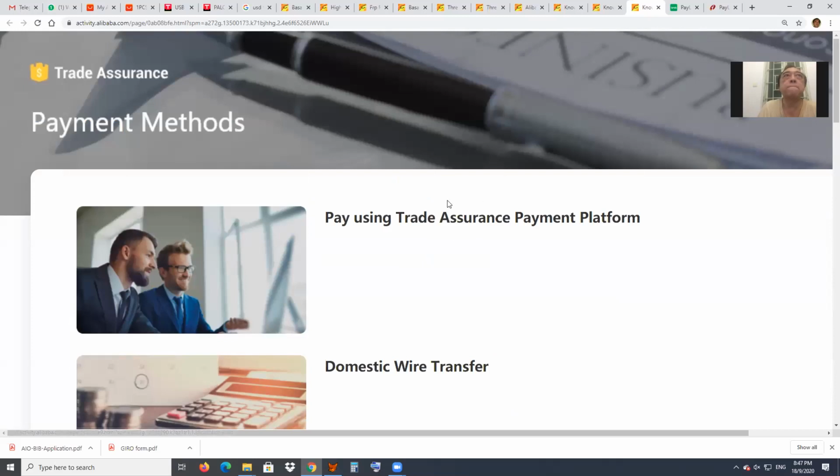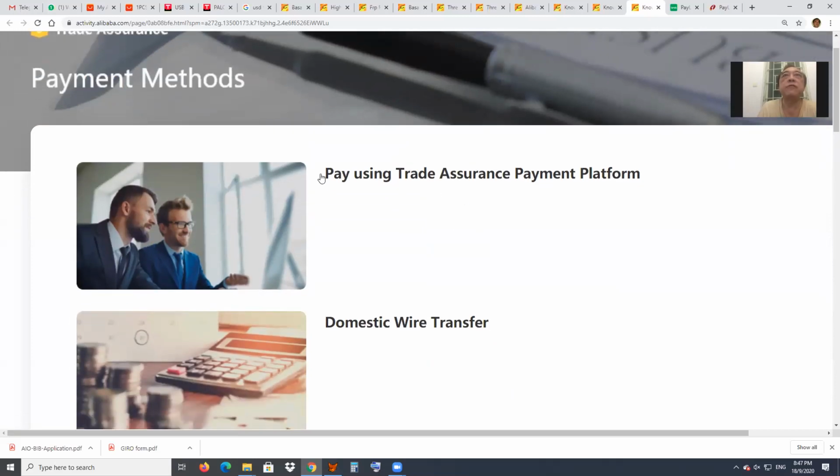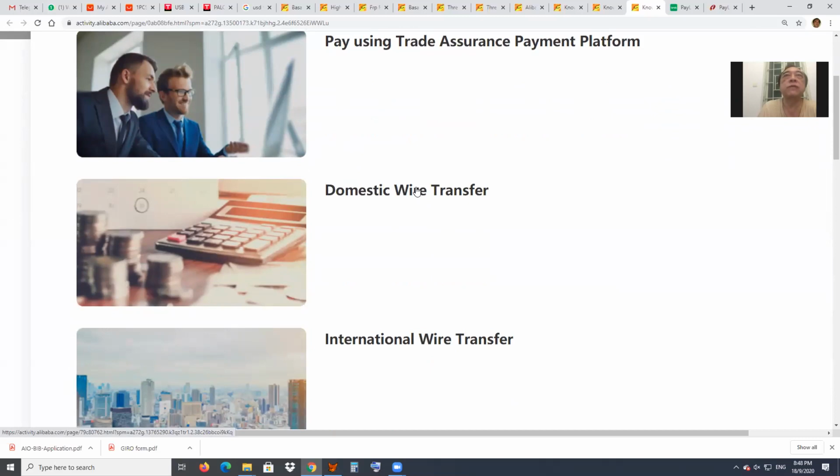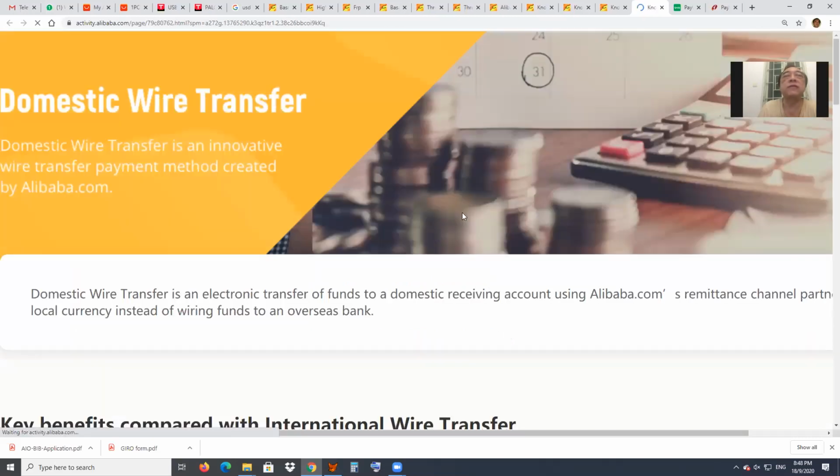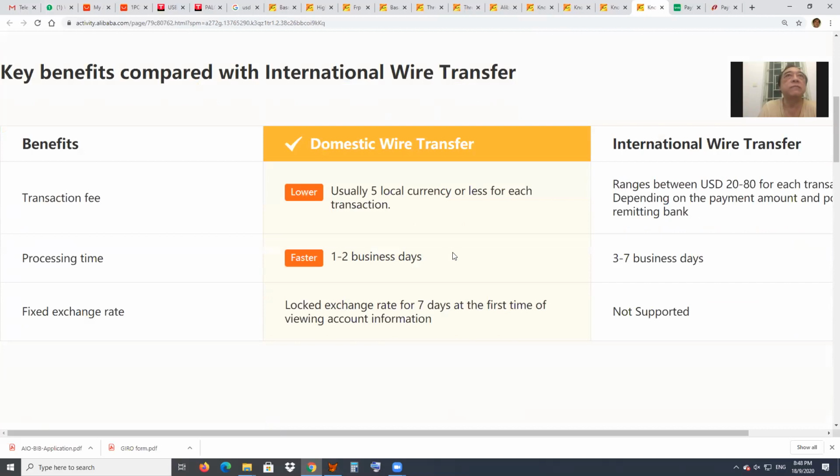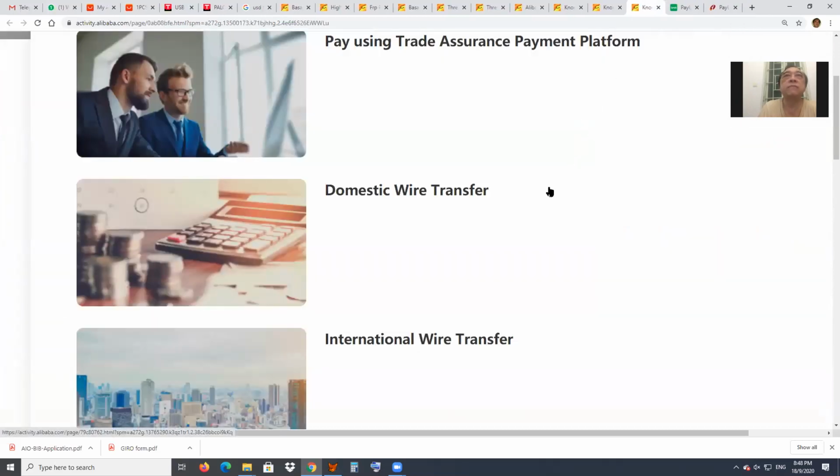Okay, so the payment method. We have talked about the payment using the payment platform. Then you look at this domestic wire transfer. Of course, it is the local bank. So you are unlikely to have this capability unless you can open a China bank account.